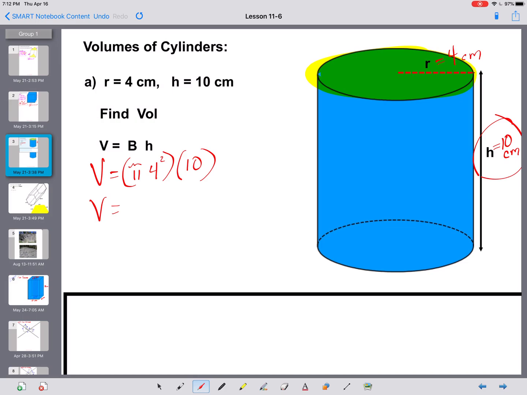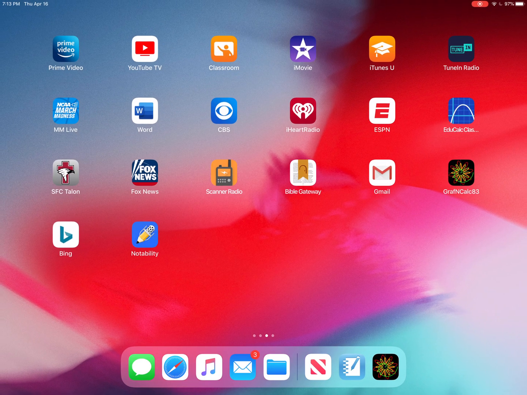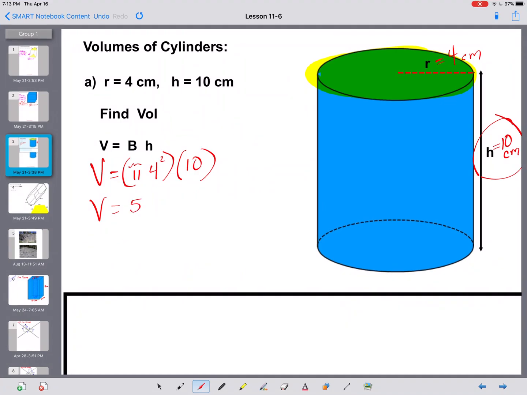First, pi times 4 squared. Good, that's just the area of the circle, 50.27. Then 50.27 times 10. I like multiplying by 10 because I move the decimal 1 place to the right. 502.7. What about units? It's volume, so it's going to be centimeters cubed.